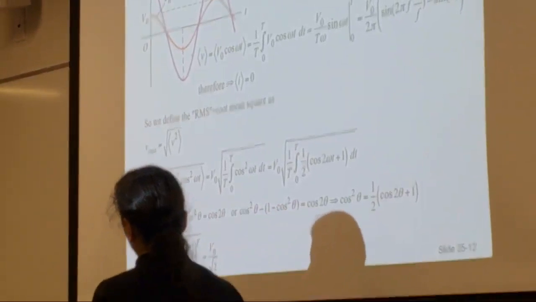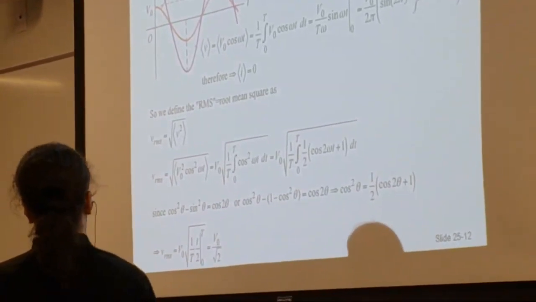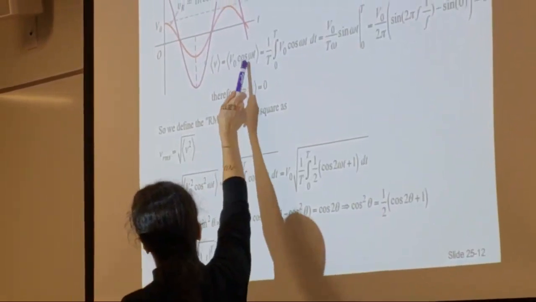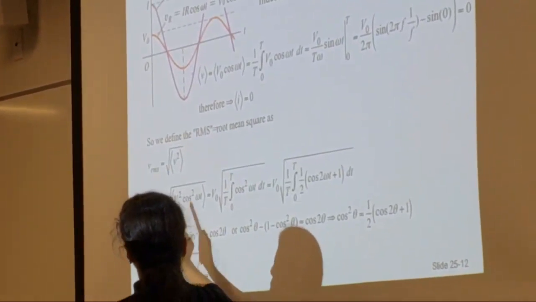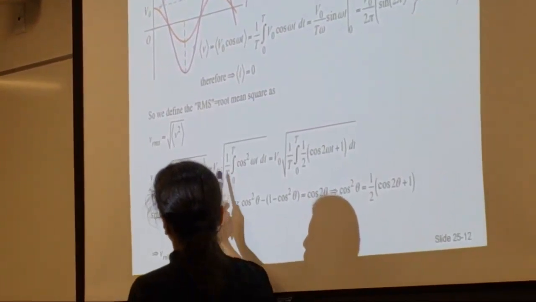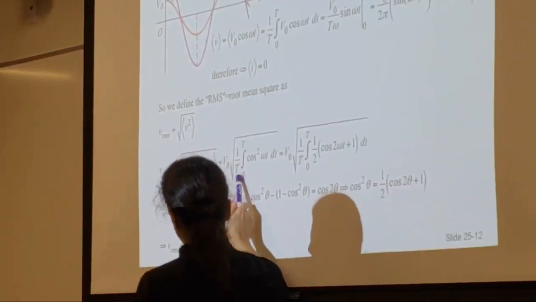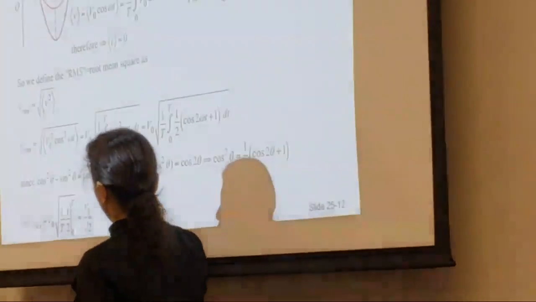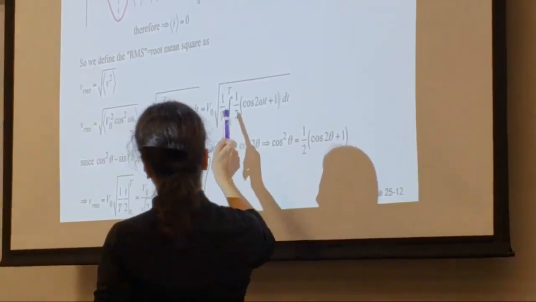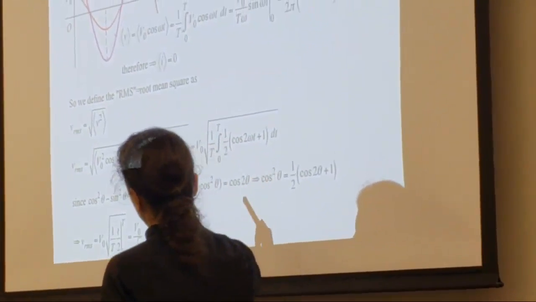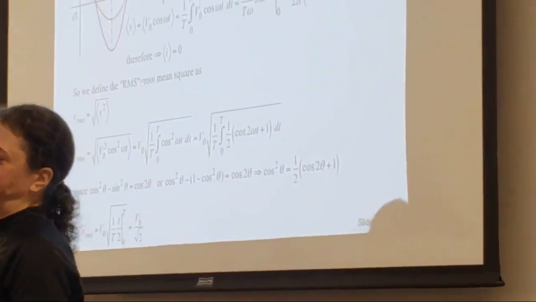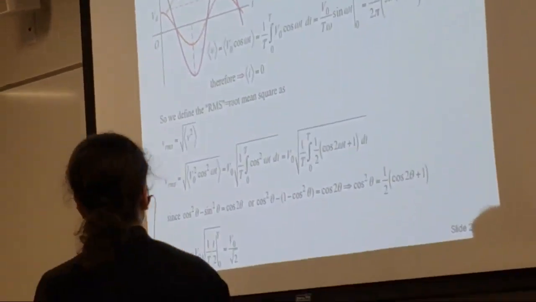For example, for the cosine function, you make that squared first. So taking the mean of this function means 1 over the period times the integral of cosine squared omega t over the period from 0 to T. I have to go back to trigonometric identities to make this an easy function to integrate.